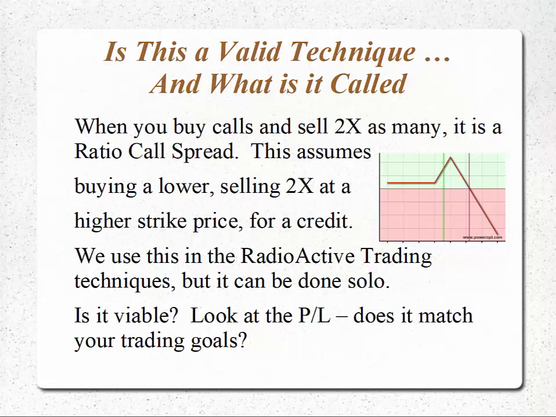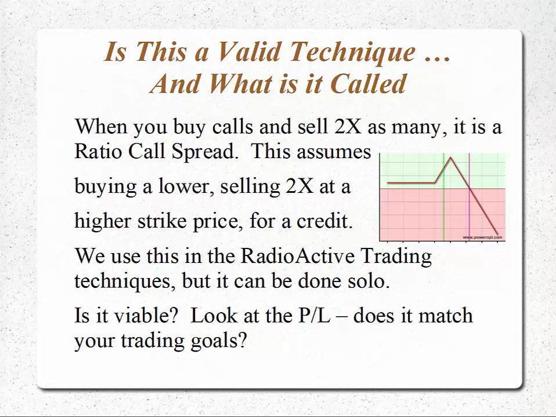I get an extra bump if the stock's trading right at $68 for the value of the long call. But it does take on an infinite risk to the upside in the straight structure because half of the calls you sold are naked.